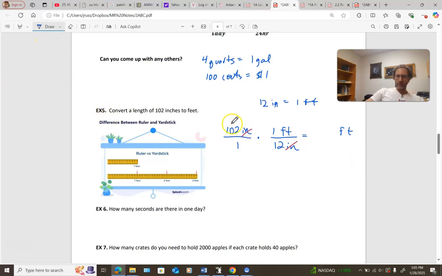Now, as far as the arithmetic goes, we're multiplying two fractions again, so we multiply straight across. 102 times 1 is 102. But we still have something in the denominator: 1 times 12, which is 12. So in an instance like this, guys, you're probably going to need to divide these out.